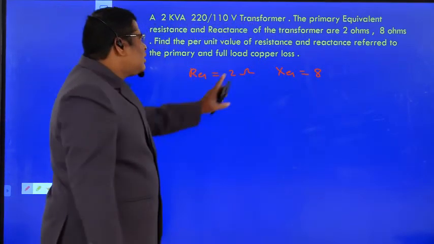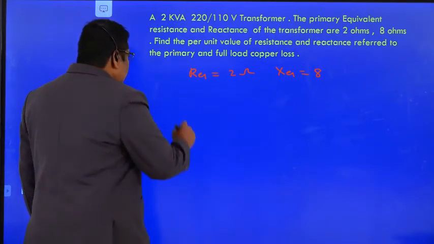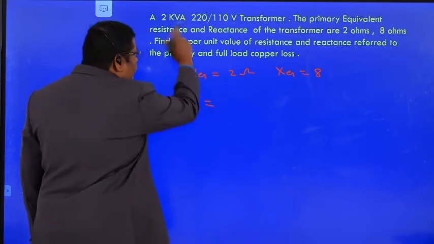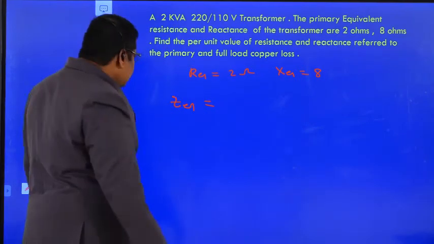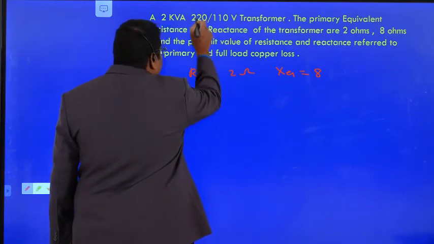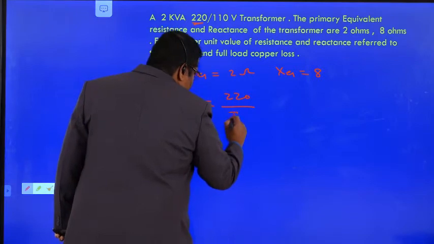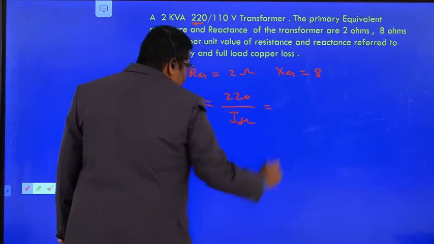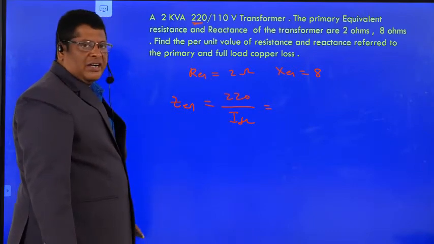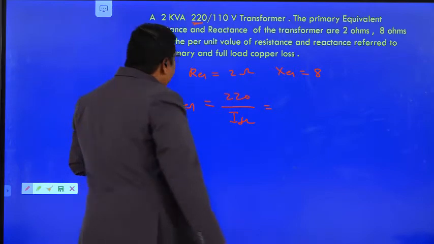Now to calculate the per unit value, we should know the base value. So the base impedance with reference to the primary is equal to the voltage rating of the primary, 220 volts, divided by the primary full load current. This is the rated voltage divided by the rated current. How do we get the primary rated full load current?